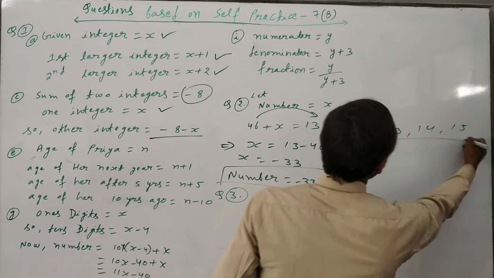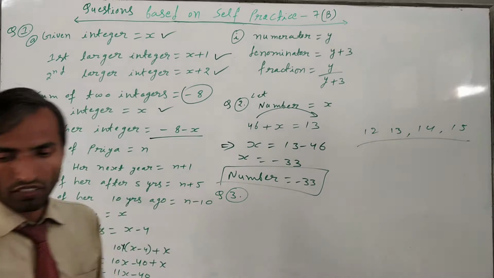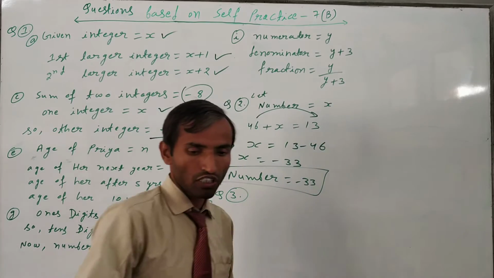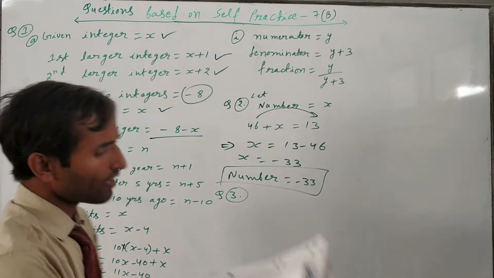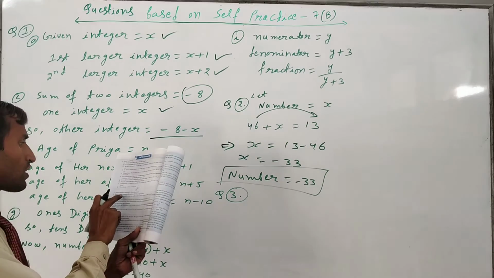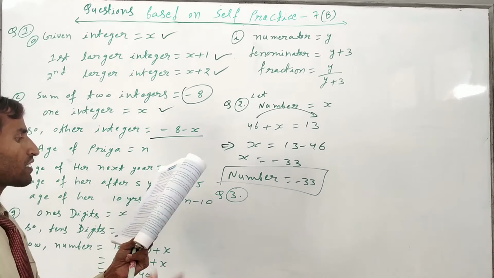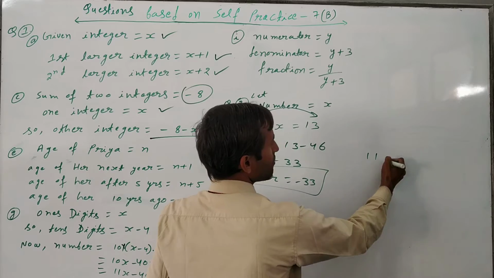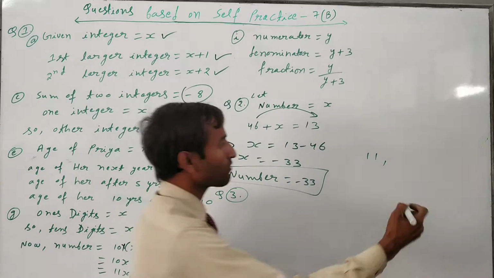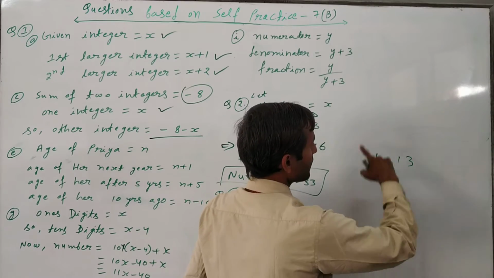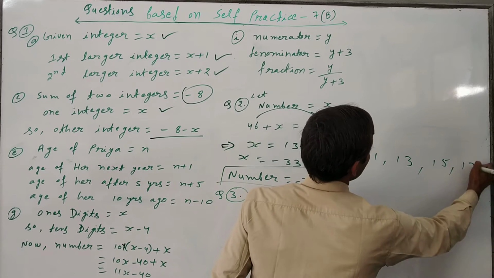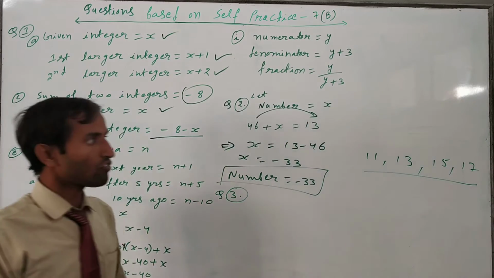These are consecutive numbers. So here the sum of 3 consecutive odd numbers is asked. Suppose the first odd number is 11, then the next consecutive odd number is 13, then 15, then 17. These are consecutive odd numbers.